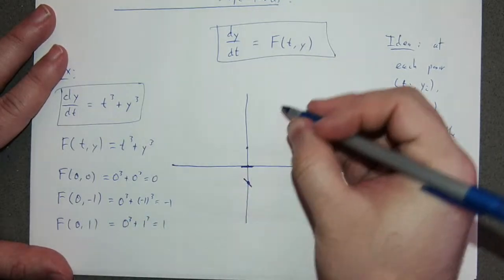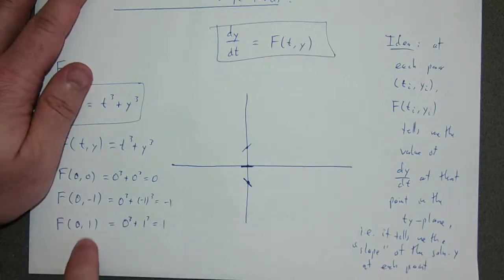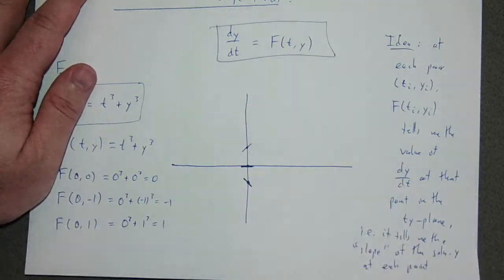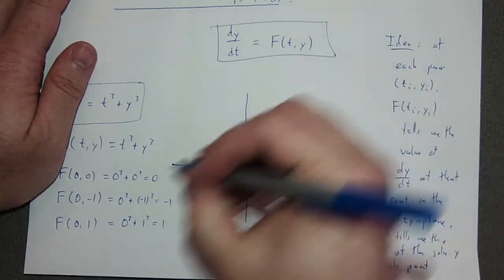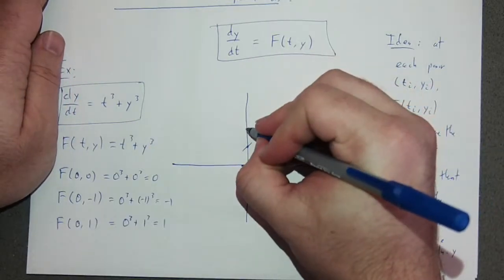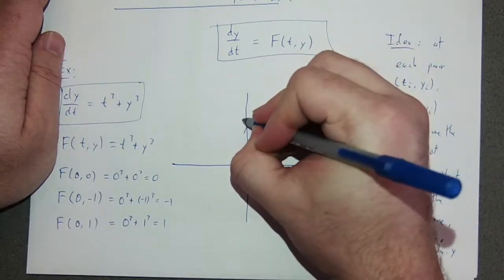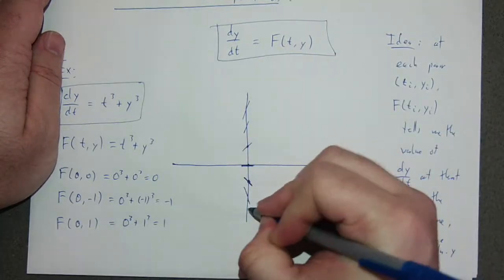So that's 0, 1 here. So this is what my slope looks like. It's positive 1 slope. And of course, this gets more and more positive on this vertical line, t equals 0 here. This is going to get more and more positive as y gets more and more positive because it's y cubed. And it's going to get more and more negative as y gets more and more negative.